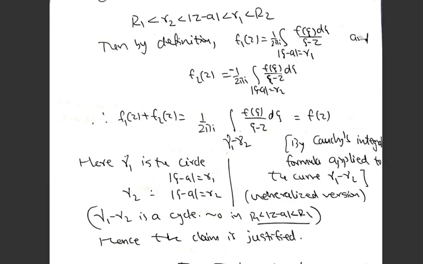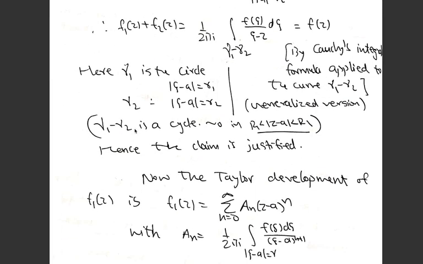That's again easy, so I have explicitly proved this. Again, we use Cauchy's integral formula here. In fact, for f1(z) plus f2(z), you simply apply Cauchy's integral formula to the closed curve gamma 1 minus gamma 2. This is the generalized version, and that is a cycle homologous to 0 in this region.